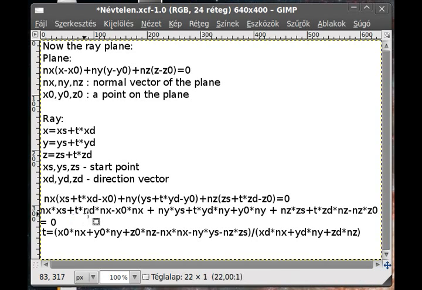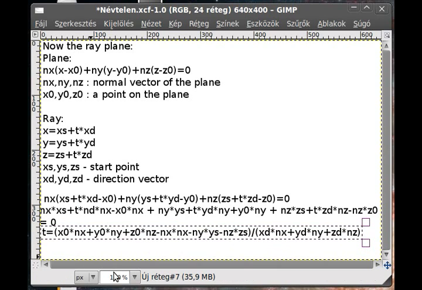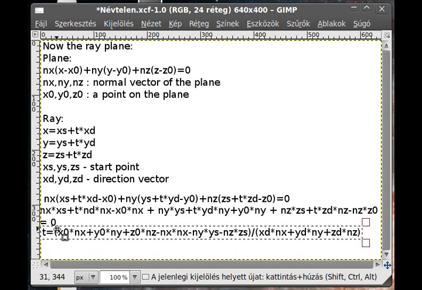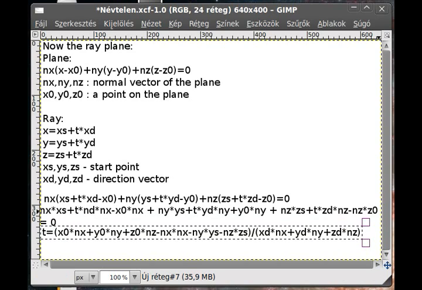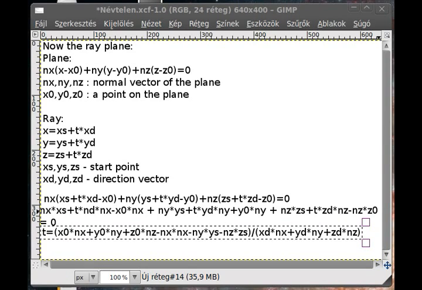So in this case, for example, I divide by xd times nx. Okay, and after I do that with the whole thing, I get this line. So we only have to put everything in here. So x0 is the x coordinate of a point, and so on. So I just put it here, and then that's about it. We get the t quite easily, easier than the previous one.